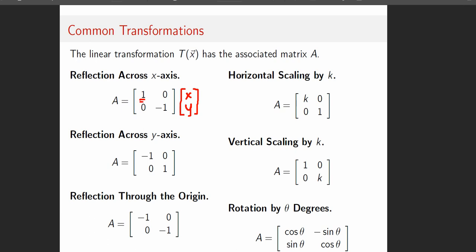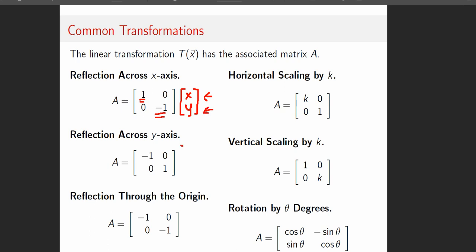You'll notice that the one in the top left of the matrix is going to leave the x unchanged, which makes sense. To reflect it across the x-axis, I don't have to change the x-coordinate, but the y-coordinate is going to become negative, which will in fact reflect it across the x-axis.